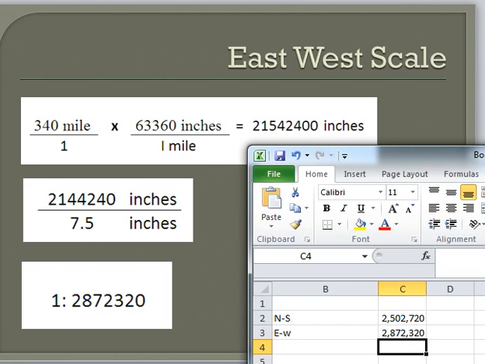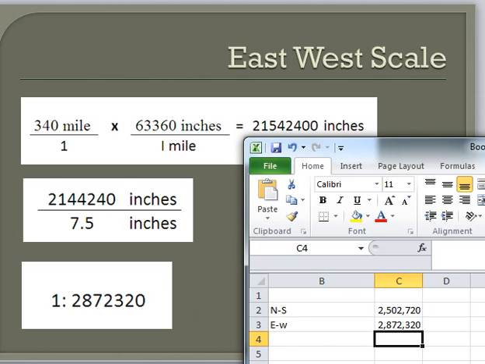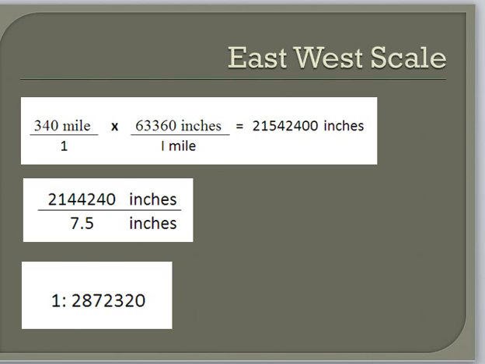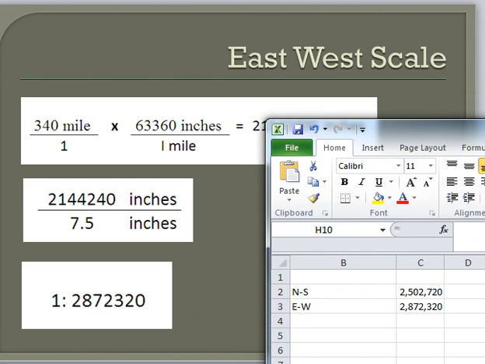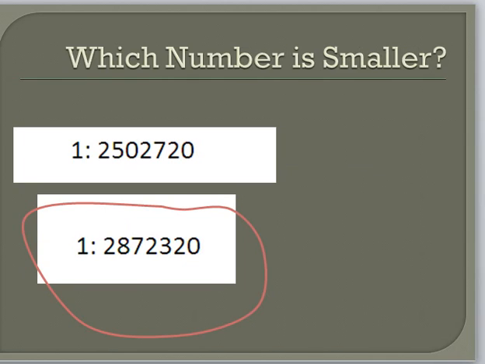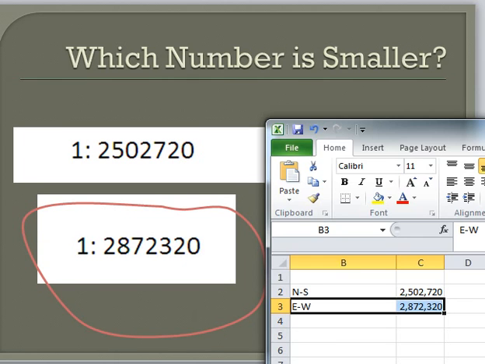So now your question is, here is my east-west. Which one of these has the most reduction? And if you chose this one, you are correct.